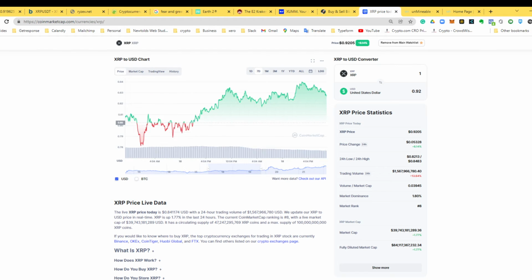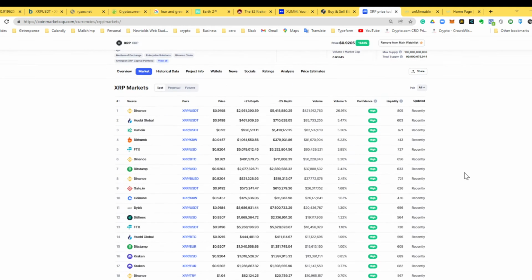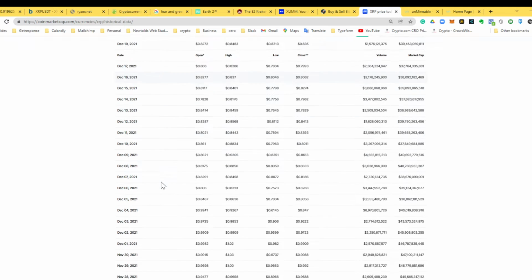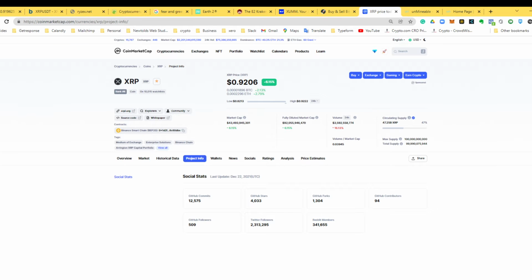So again, looking at some of the indicators we're looking at here, compared to the market at the moment, historical data. So what did it do? What's its highs and what's its lows? At one stage it was at $3.90, which is before obviously the problems we had with the SEC. For those of you who don't know, the SEC are taking Ripple, which is a parent company, to court at the moment.